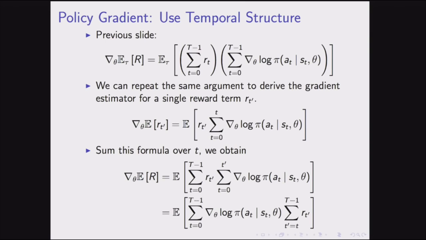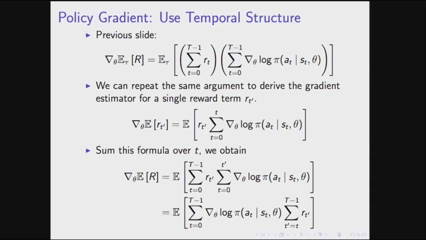Now we have a sum over time of grad log probability of the action at that time times the sum of future rewards. In the formula from the previous slide, we would have had all the rewards in that sum, but now we just have the future rewards. That makes sense because an action can't affect the previous rewards, so to figure out if the action is good, we should only look at the future rewards.